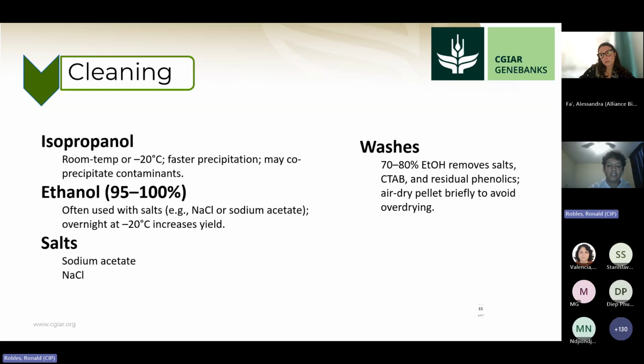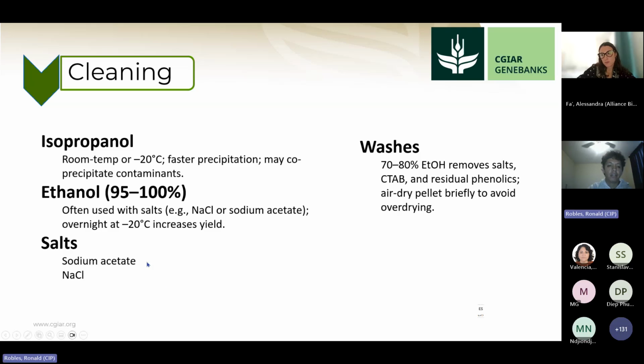And in some cases, it's better to combine this alcohol washing by adding some salts. You can use sodium chloride or sodium acetate for cases in which polysaccharides still remain in our final pellet.